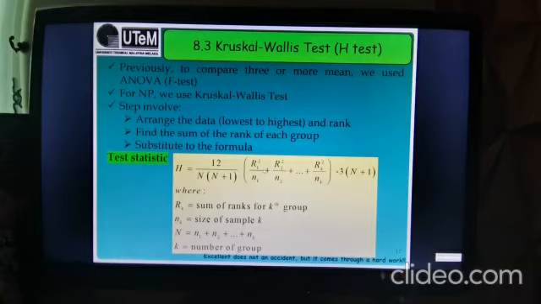We sum the rank for each group, so here is R1 squared, R2 squared, up to RK squared. Small n is the sample size for each group, minus 3 multiplied by capital N plus 1.